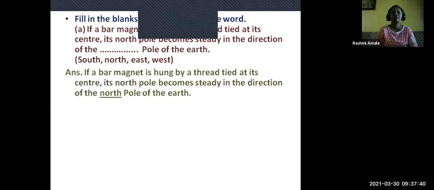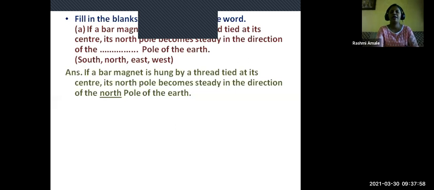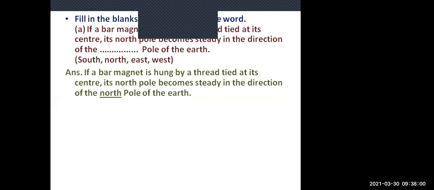Read out the whole answer. If a bar magnet is hung by a thread tied at its center, its north pole becomes steady in the direction of the north pole of the earth. Very good. So remember, you should write the filling the blanks always in full sentence.